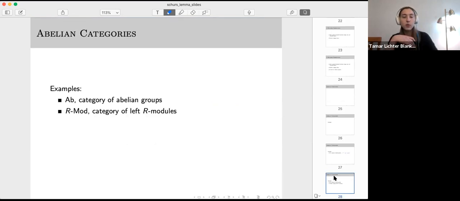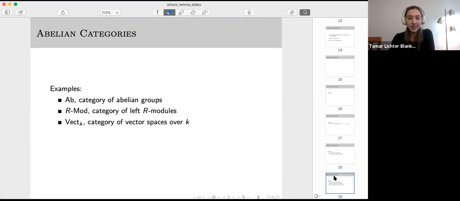You can think about if you have a ring, it doesn't even have to be a commutative ring, all the left R-modules and the R-module homomorphisms between them. That gives you a category, which also turns out to be an abelian category. And if you take that ring to be a field, you get the vector spaces, with linear maps as the morphisms.